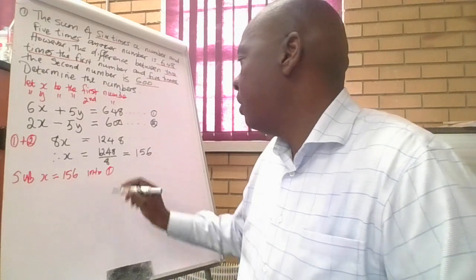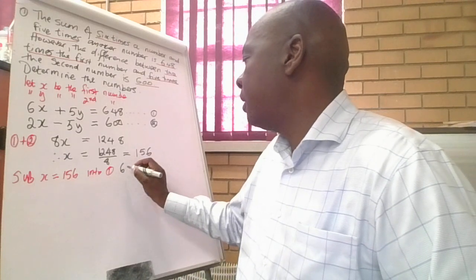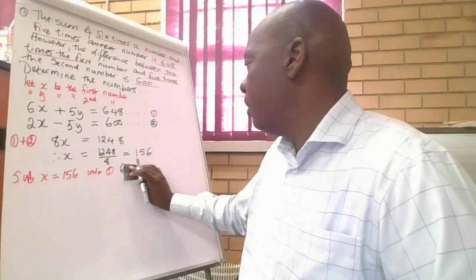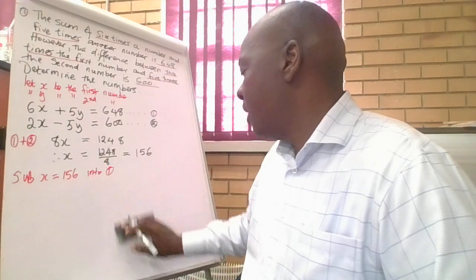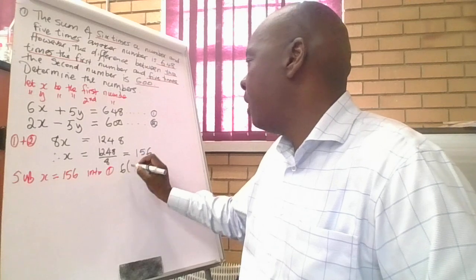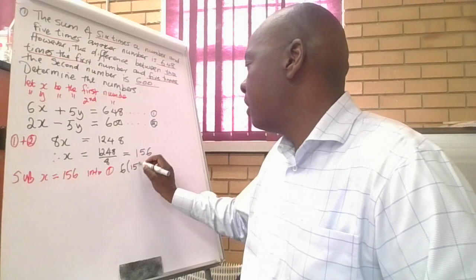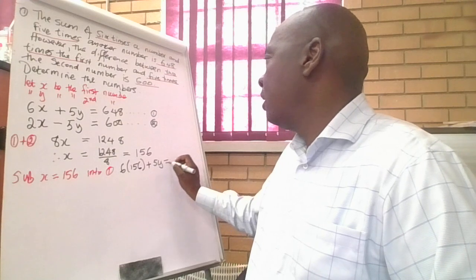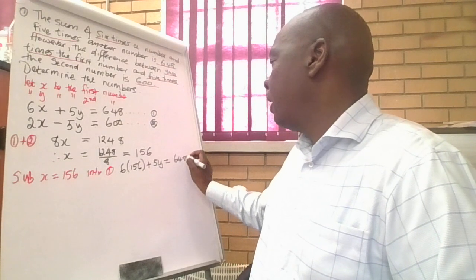So that means I have 6x plus 5y is equal to 648, where 6 times the x, which is 156, plus 5y is equal to 648.